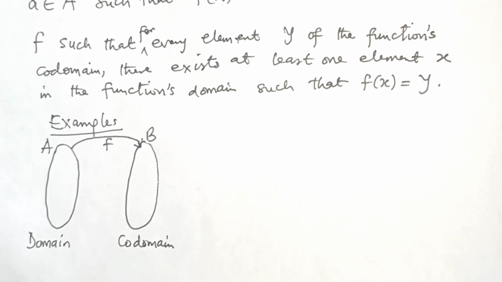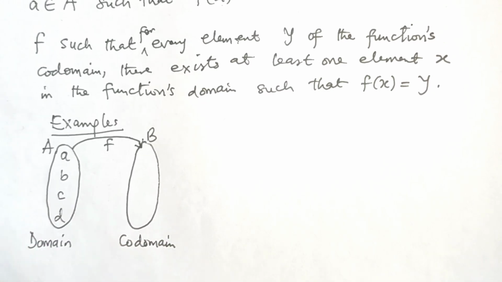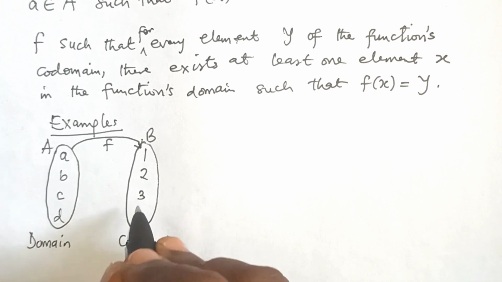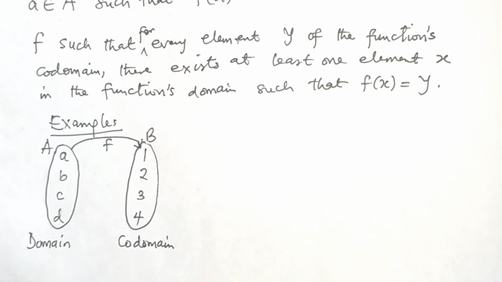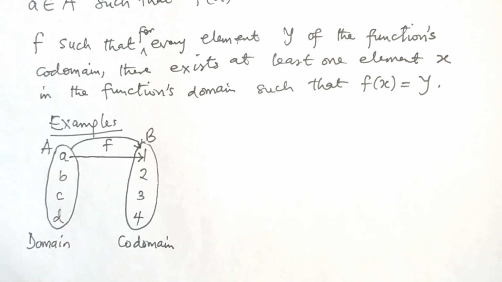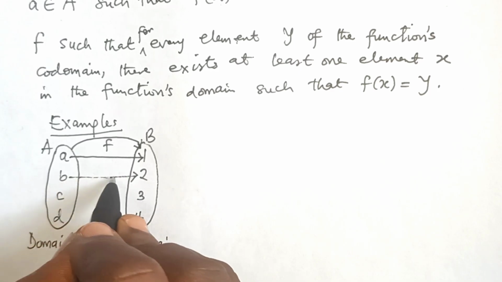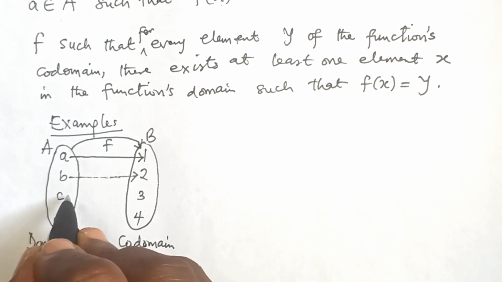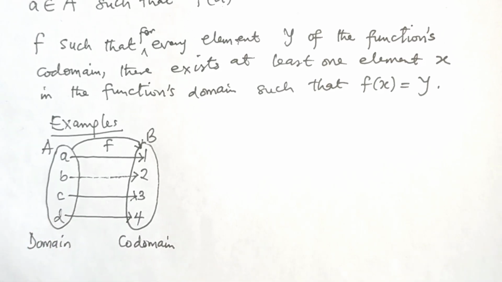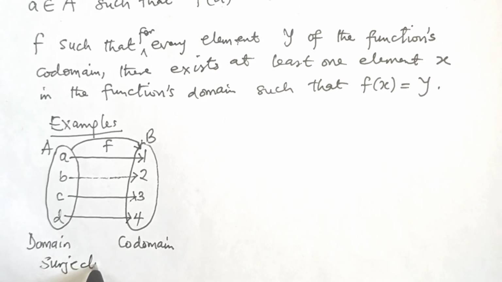Then the elements of A are A, B, C, D, while the elements of B are 1, 2, 3, 4. Now, element A is mapped to 1 in the codomain, B is mapped to 2, C is mapped to 3, while D is mapped to 4. So this is a typical example of a surjective function.